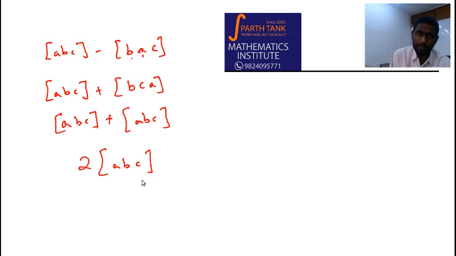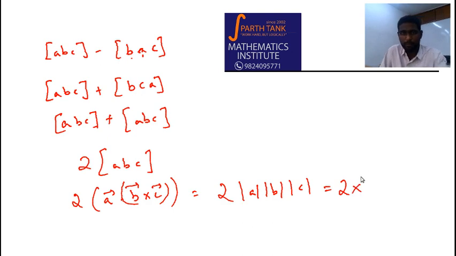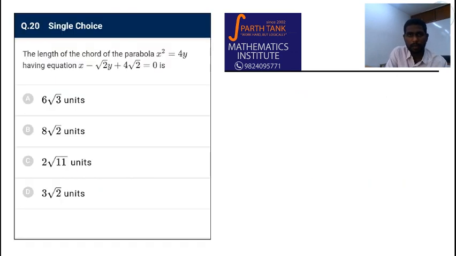Now since all 3 vectors are mutually perpendicular, the angles are all 90 degrees, and this becomes 2 a dot b cross c, which is 2 times mod a mod b mod c. They have given mod a, mod b, mod c as 1, 2, 3. So 2 into 1 into 2 into 3, which is 12 units. So the answer is 12, option C. Very simple problem, simplification of vectors.